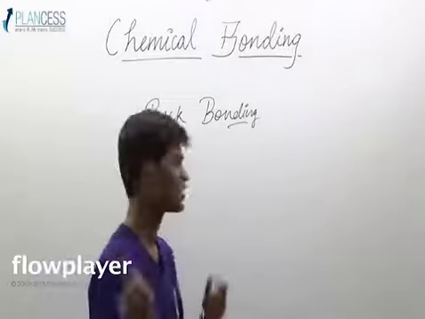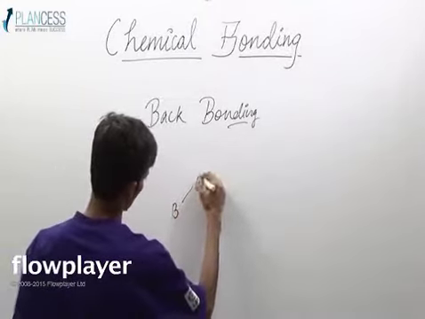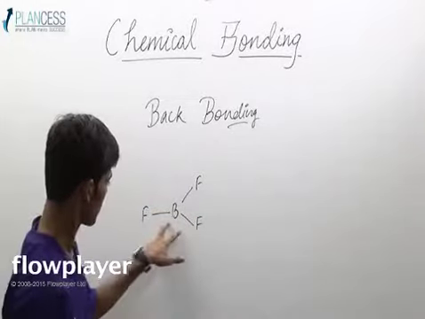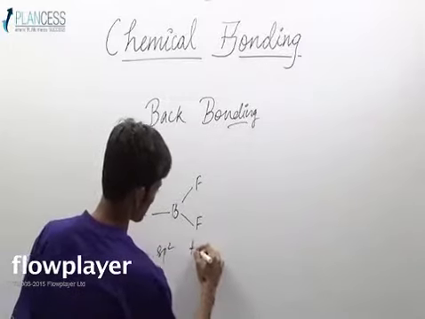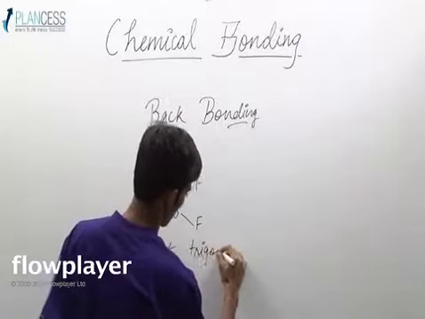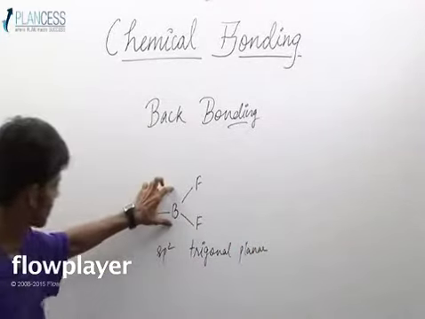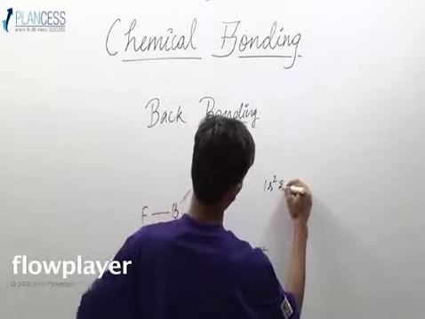For example, BF3: 3 bonding pairs, no lone pair, so sp2 hybridized, trigonal planar in shape. In BF3 we know the electronic configuration of boron is 1s2, 2s2 and 2p1.